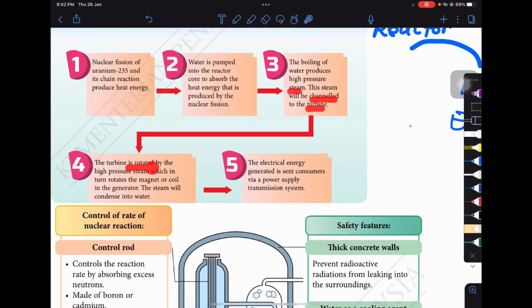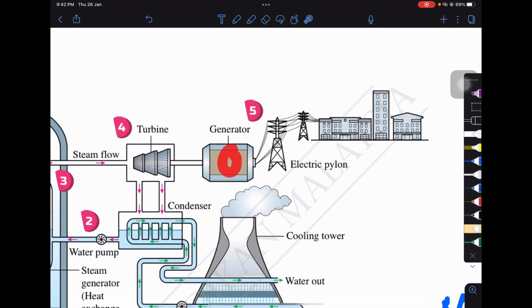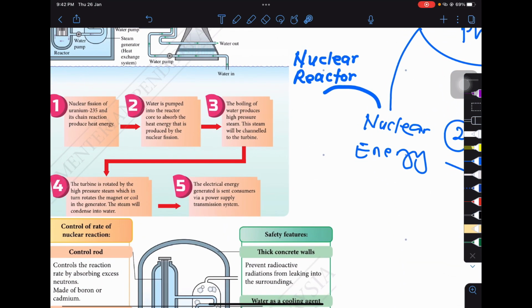The turbine is rotated because the steam is at high pressure. The rotation rotates the magnet or coil in the generator. So we have the generator here. The generator will rotate because the turbine rotates. And that's how we get electrical energy.